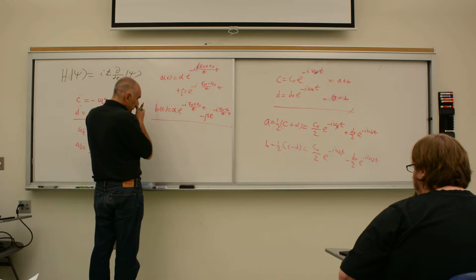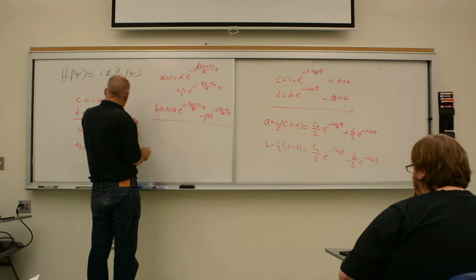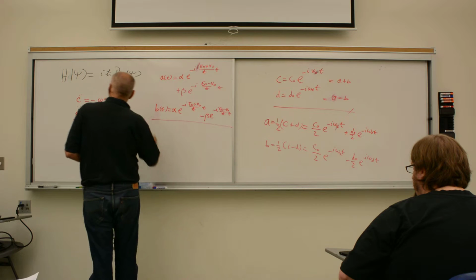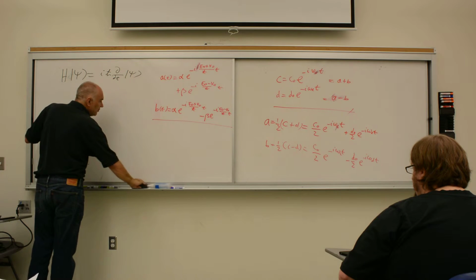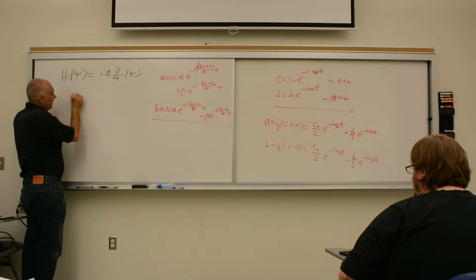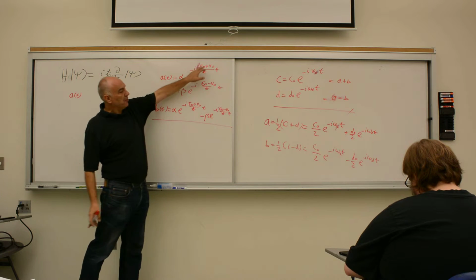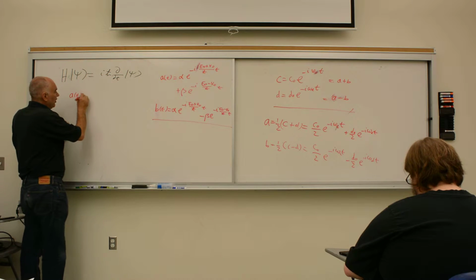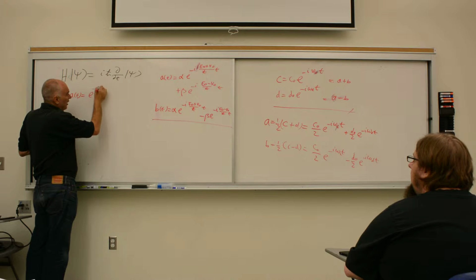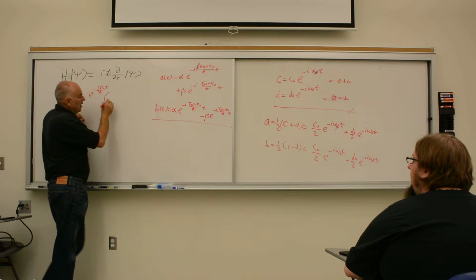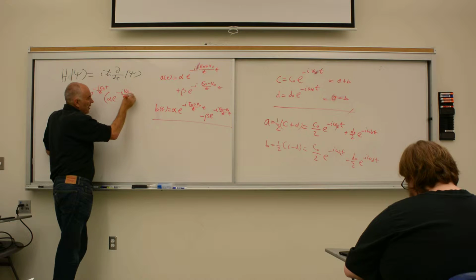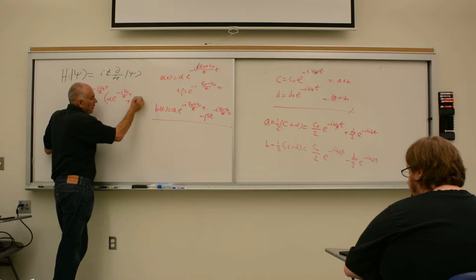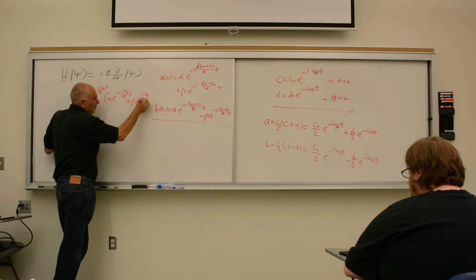And I can write this in a neat way. A of t, there is a common prefactor for both, right? So this is e to the minus i E0 t over h bar, and then there is alpha e to the minus i B0 t over h bar plus beta e to the i B0 t over h bar.